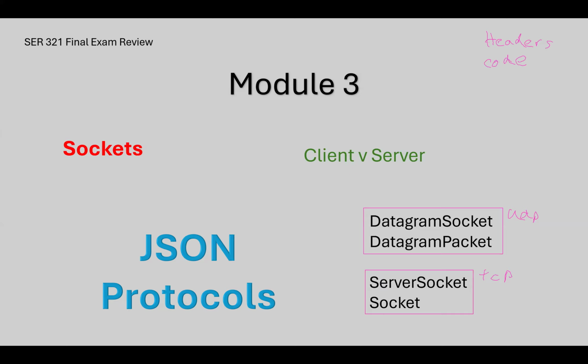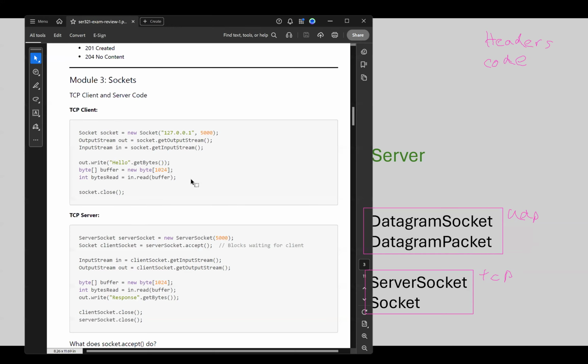What does it mean that socket.accept is a blocking call? Like, what is that functionally? That is accepting that they are connecting to the client. Yes, we see it right here.